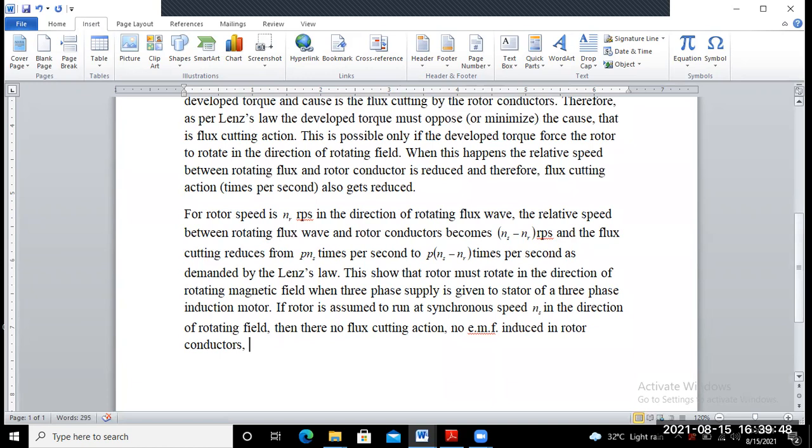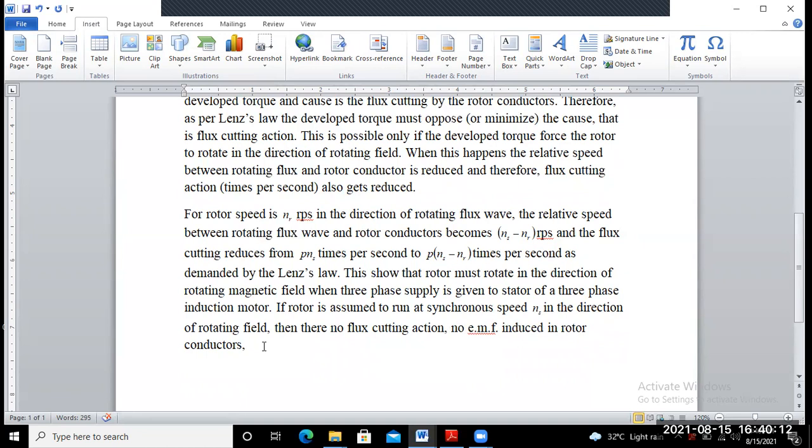If EMF is not induced due to no flux cutting action, since the rotor conductor and the rotating magnetic field rotate at the same synchronous speed, no flux cutting action takes place in the rotor conductor, so no EMF will be induced in the rotor conductor.